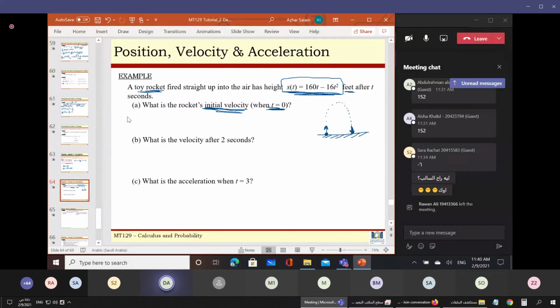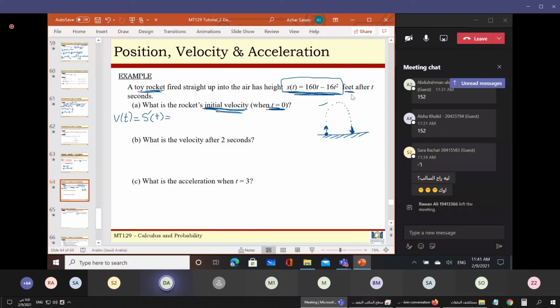So I will take s of t and take the derivative to find the velocity. I will write velocity first, since the question is to find the initial velocity. First, I will find the velocity function v of t, which is the derivative of s of t.